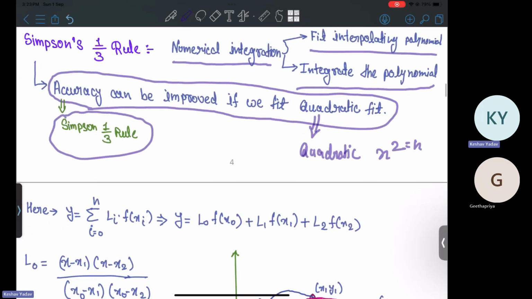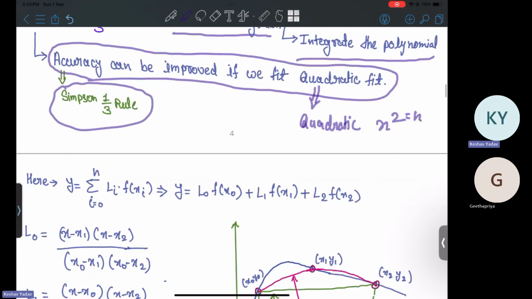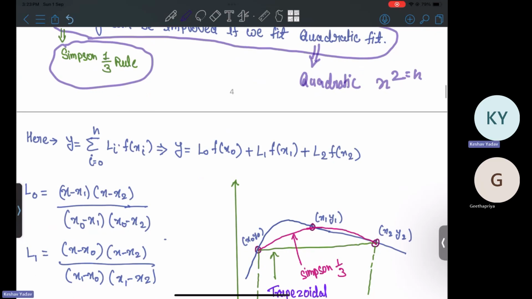In Simpson one-third rule, why is it called Simpson one-third? We'll come into that. Here we wish to show that we are interpolating y using Lagrange interpolation, sum over i equal to 0 to n of Li f at xi, and we are going for a second order polynomial.